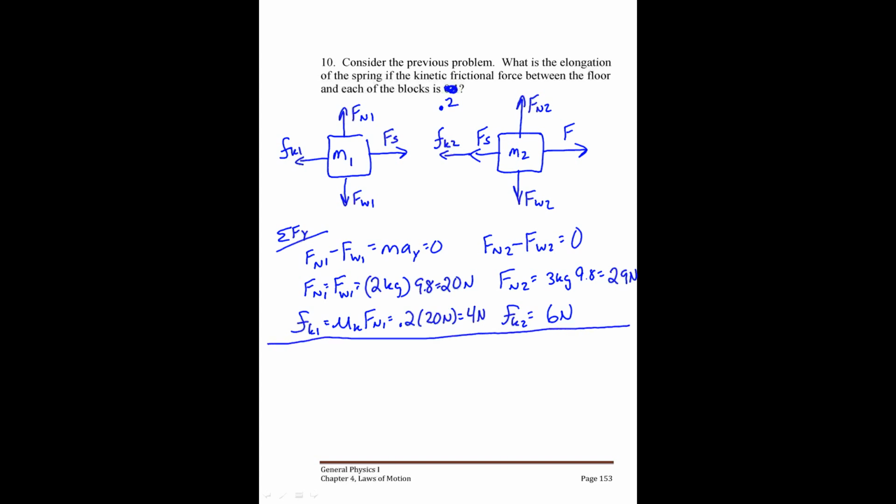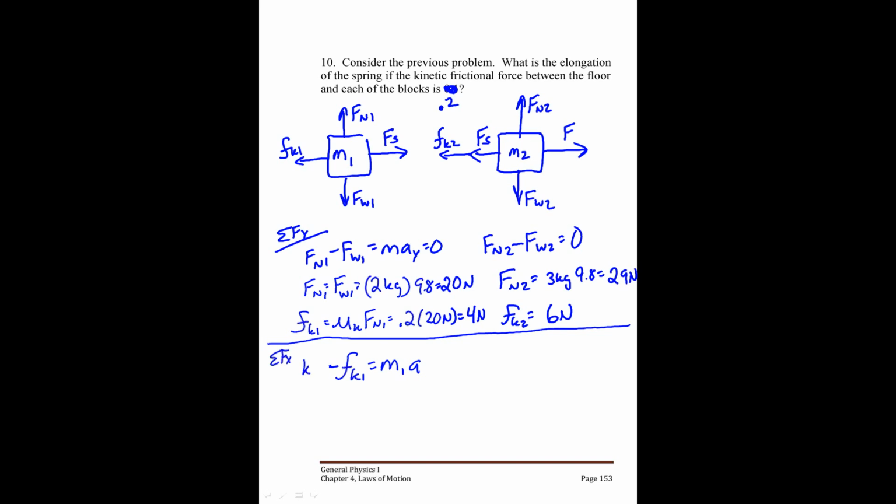Now let's look at the sum of the forces in the x direction. For the left, Fs minus Fk1 is equal to m1 times the acceleration of the blocks. And actually, I'm going to go ahead and replace this Fs with Kx.